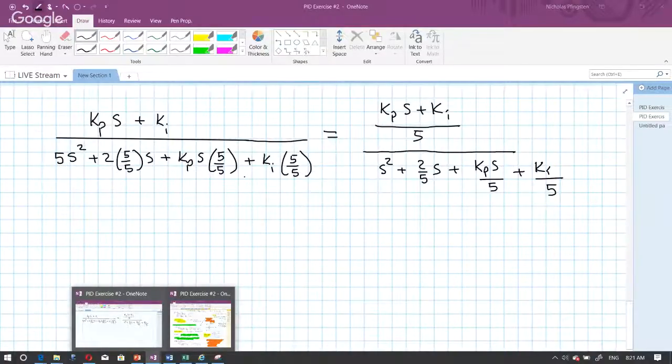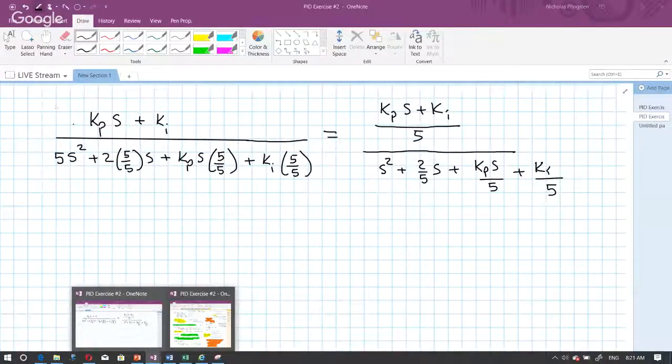Well, what does that allow us? Well, it gives us a means of finding our poles, but at the moment, we don't have any idea where these poles are.